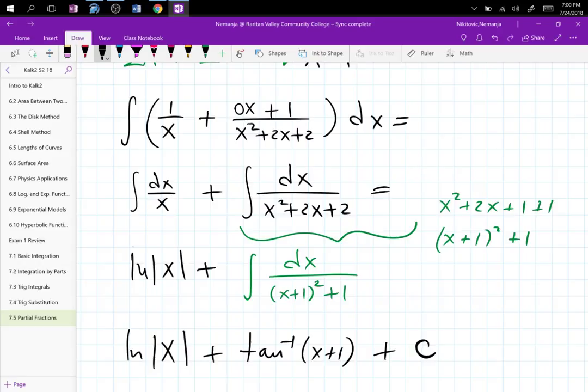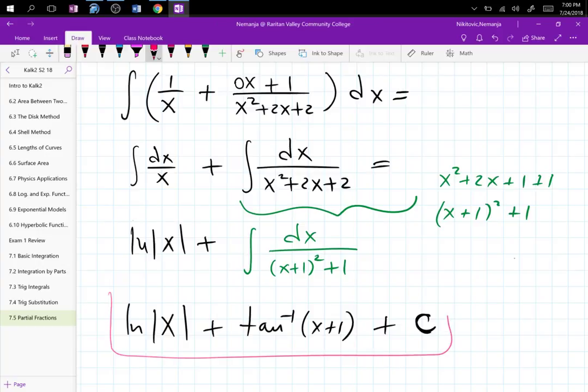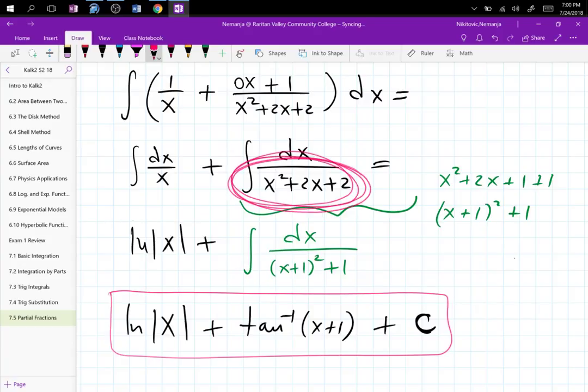Now, if you don't know that this is inverse tangent, then you will have to go and crank your trig sub, so it's not clear that it's inverse tangent when it's in this form, but it is clear that it's inverse tangent when it's in that form.